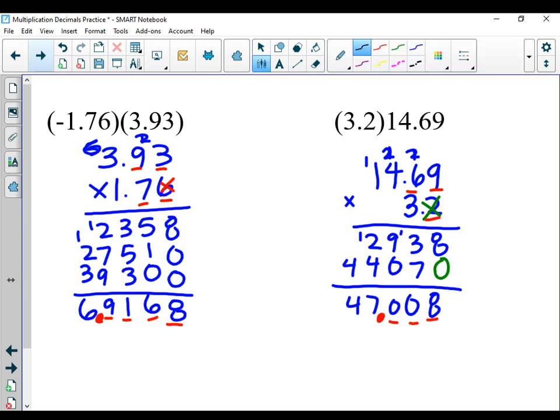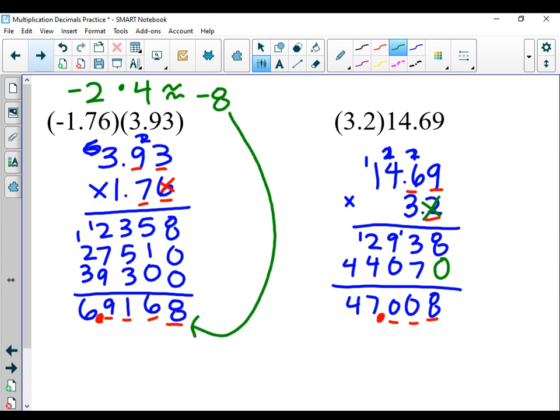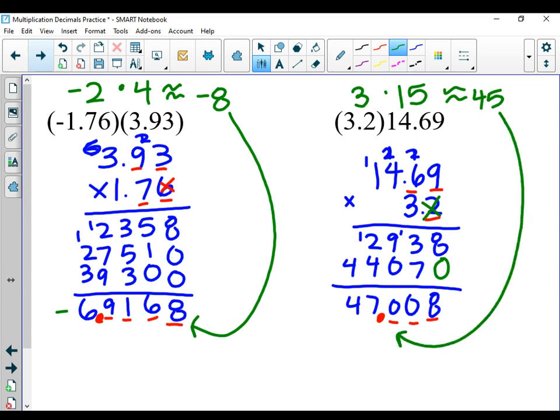Go back to estimate. -2 times 4 is about -8. Okay, pretty close. Oops, forgot the negative. 3 times 15, 45. Looks like I'm on the right track.